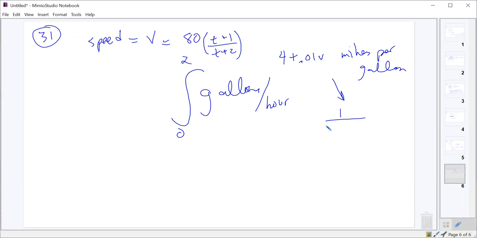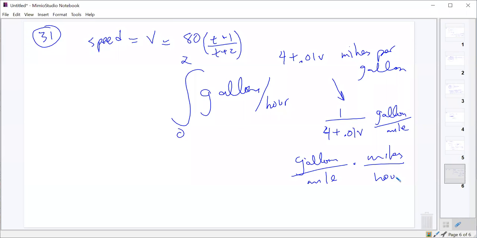So that would be 1 over 4 plus 0.01 v gallons per mile. And if I had gallons per mile and I multiply my number of gallons per mile by my speed in miles per hour, so gallons per mile times miles per hour, that ought to become gallons per hour.